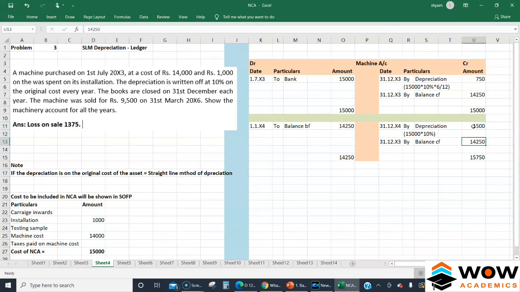And our balance now would be 14,250 minus 1,500. Okay, so with that it's again over. So we have to do it for another year.